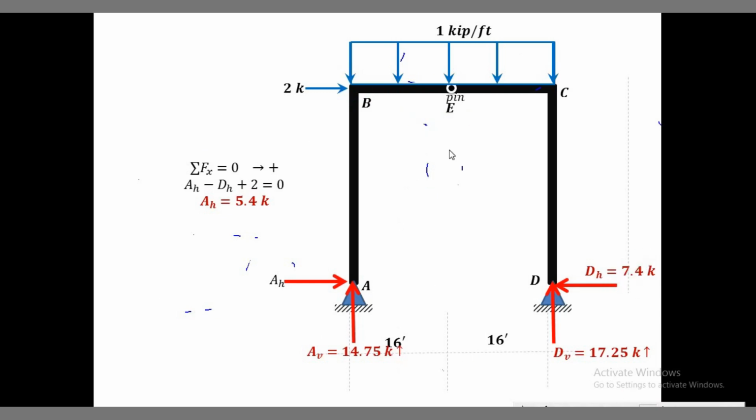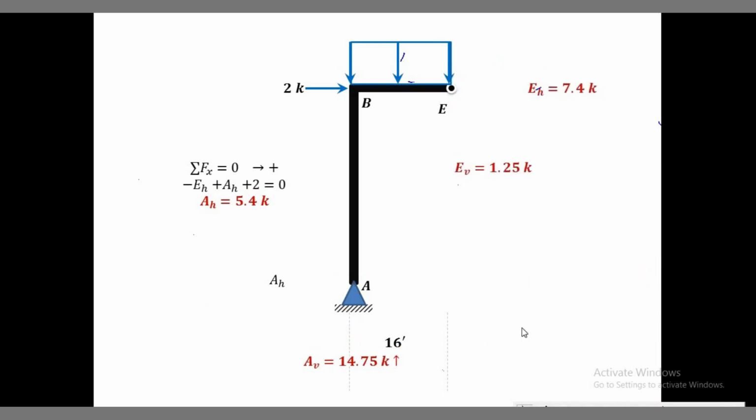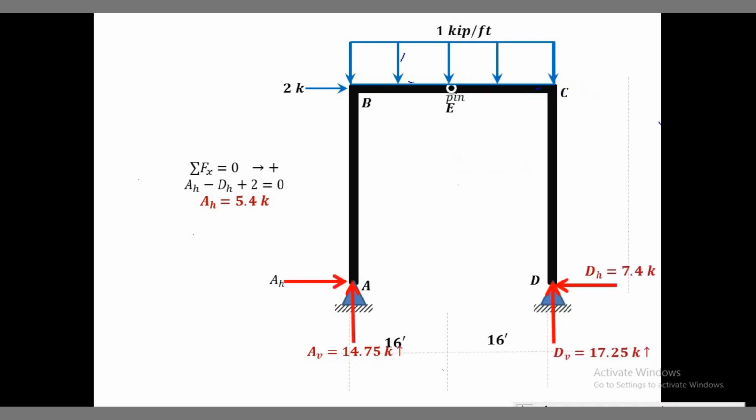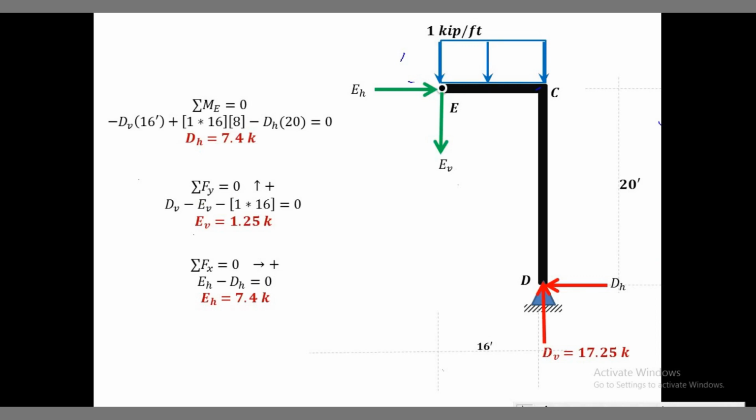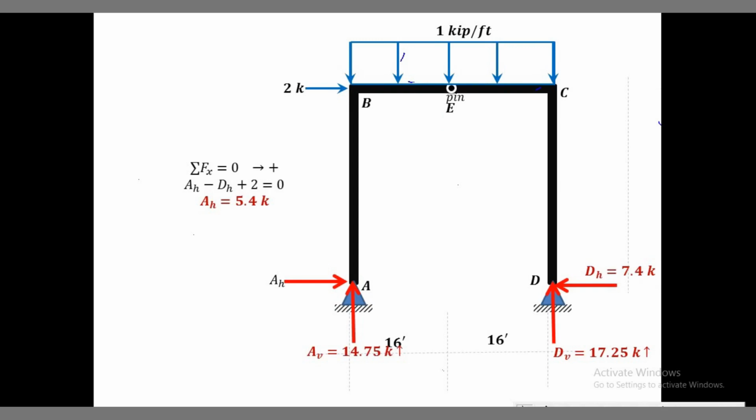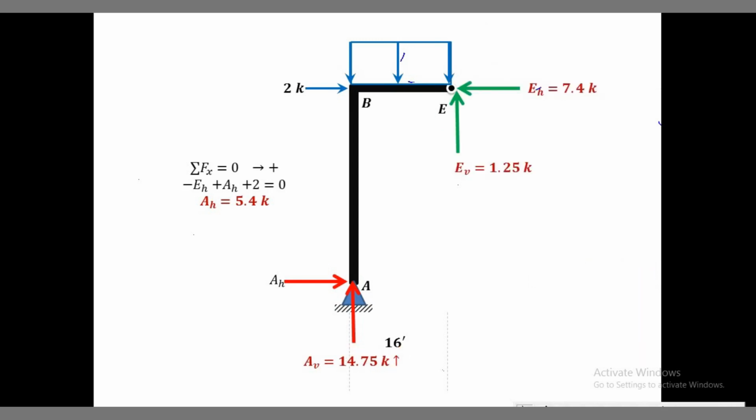Kasi kanina nung kinonsider ko sa my right side, nasolve ko na si DH. Pwede mong i-consider yung as a whole na frame para malaman si AH, or pwede mo ring i-consider lang yung left side para masolve mo si AH. Either of these two, makukuha ninyo yung same answer. My AH is equal to 5.4 kips.